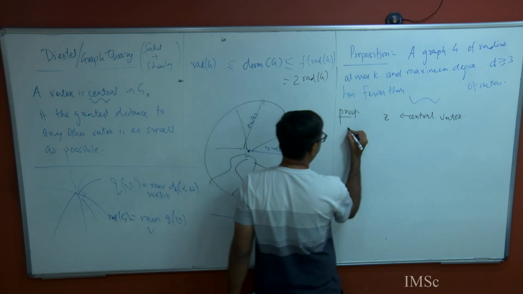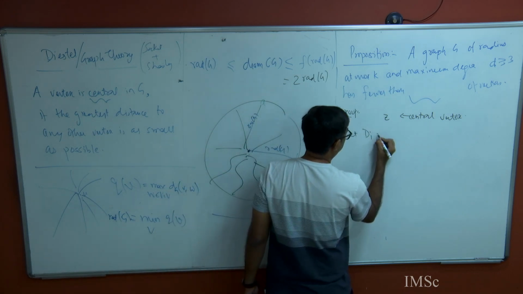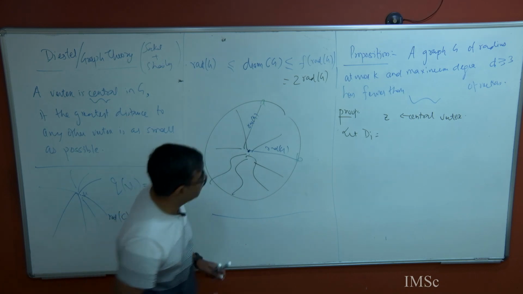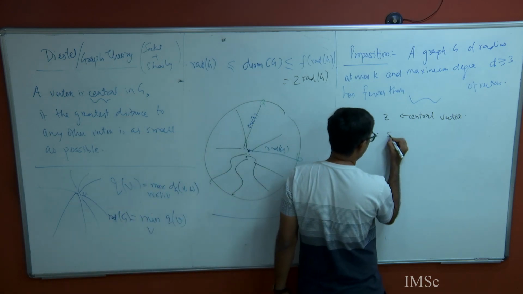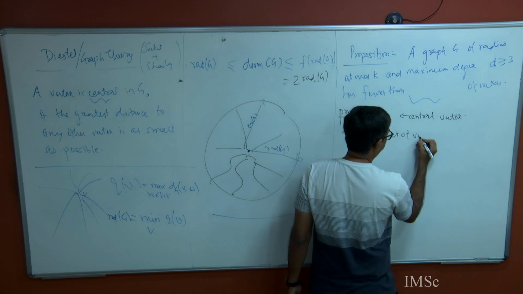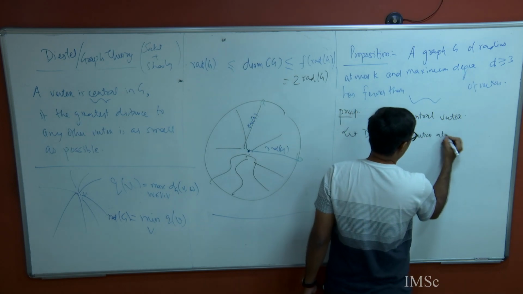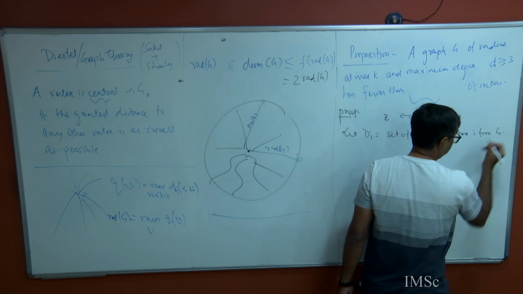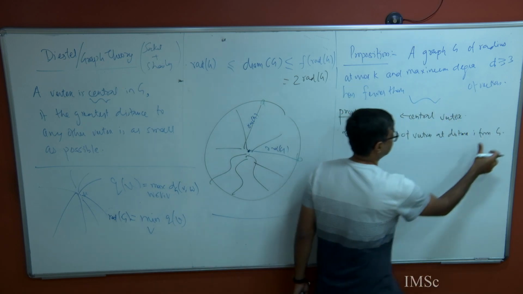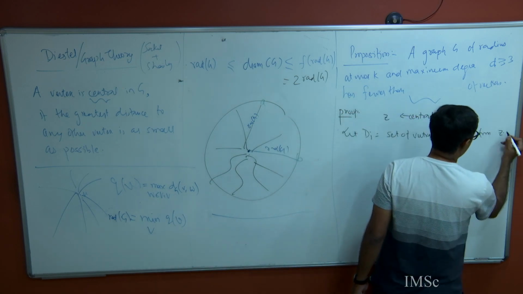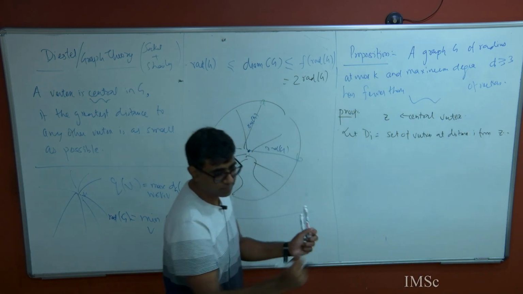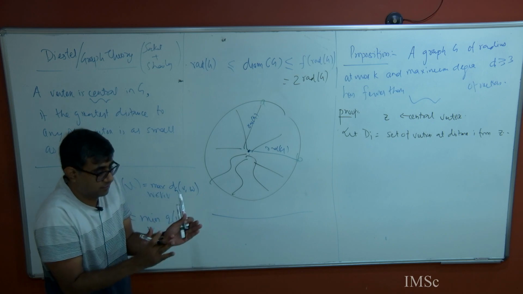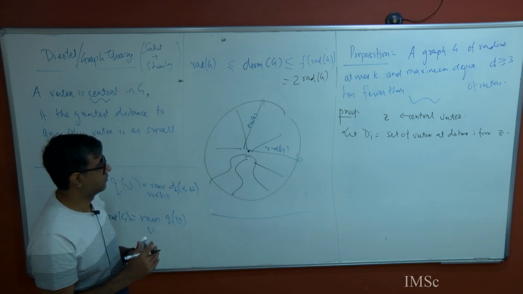So let's say D_i is the set of vertices at distance i from Z. And when I say distance, I mean shortest distance.